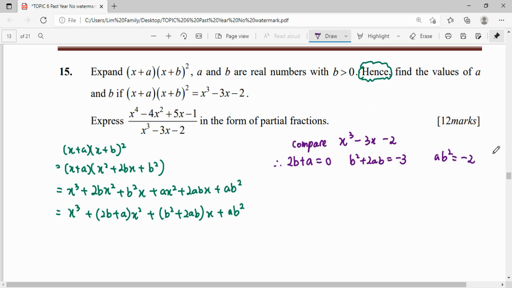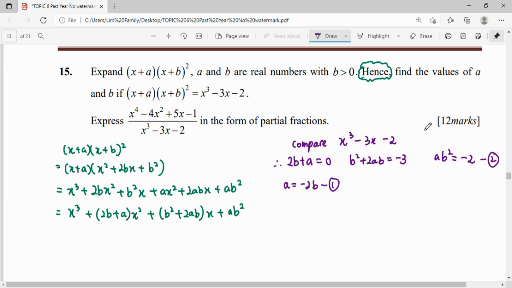From here we have three pieces of information, so we select the easier equations so that we can solve it. I will select the first equation, where a equals negative 2b, and then I will choose this equation as our second equation.